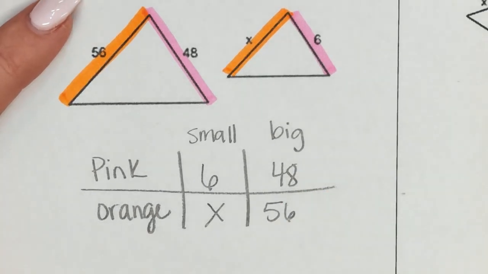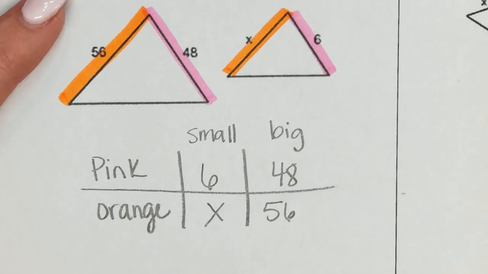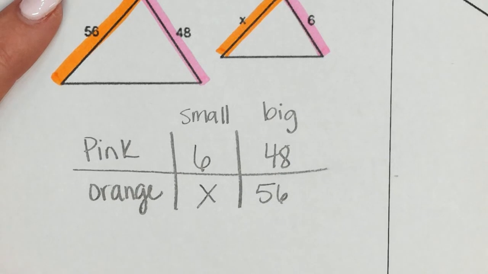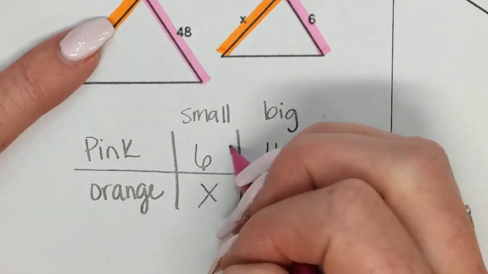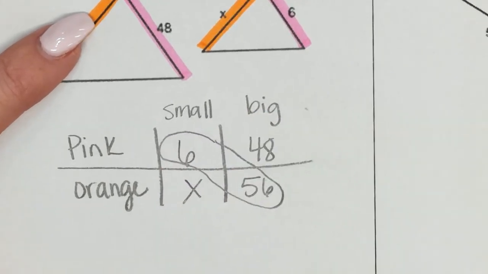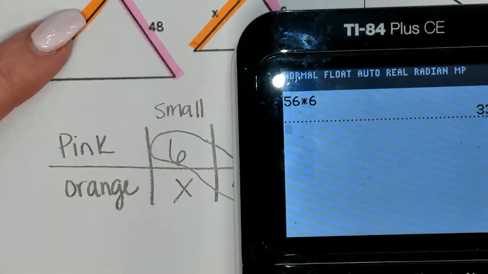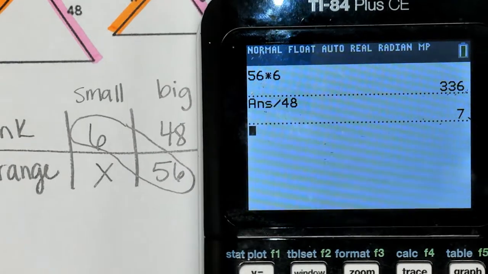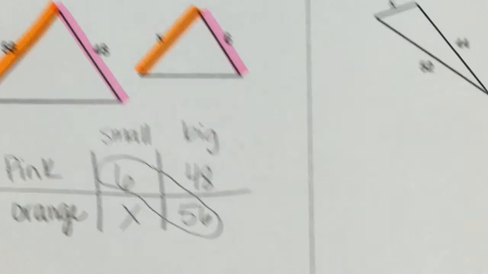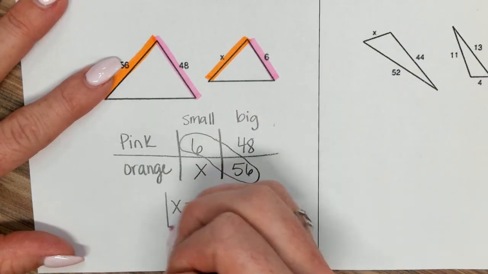Now that I have my box made, I simply cross multiply, then divide. Which 2 numbers can I actually cross multiply? 56 and 6. So I'm going to multiply those 2 numbers. And then I'm going to divide by the leftover number, which is 48. And I got what? So the value of x is 7.